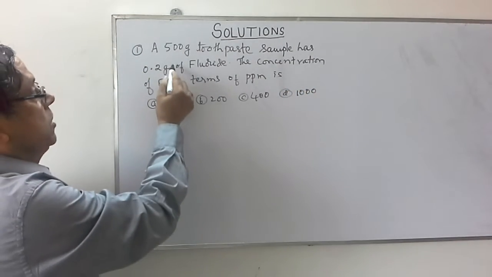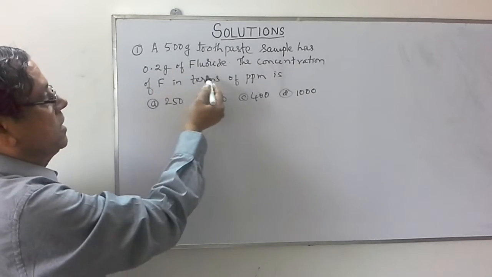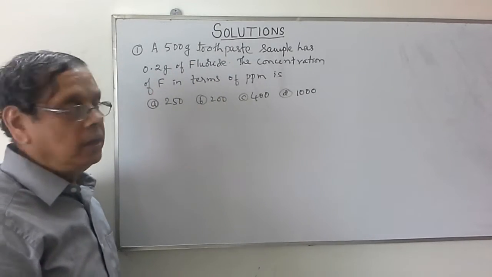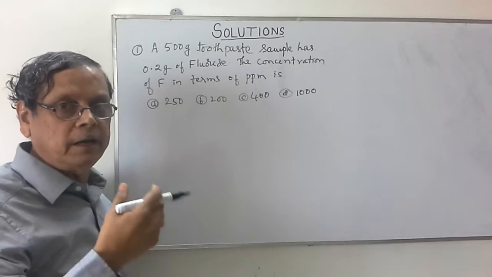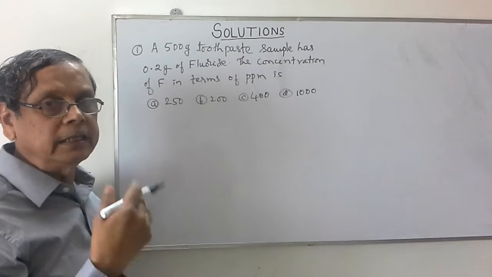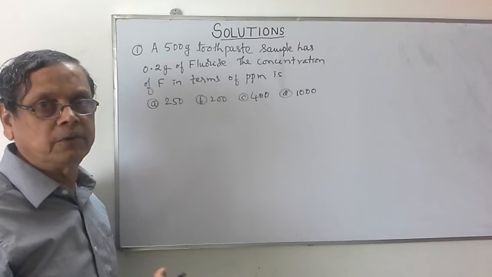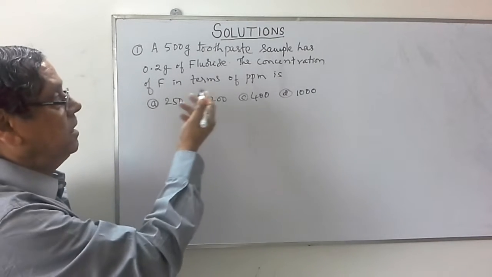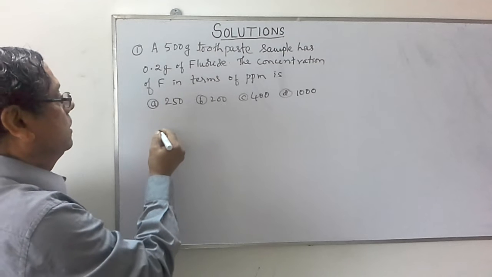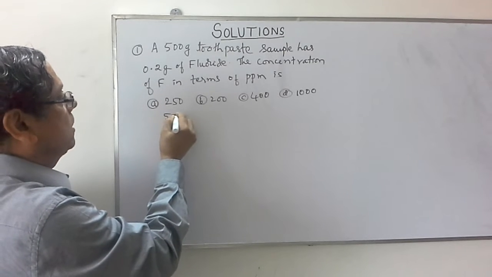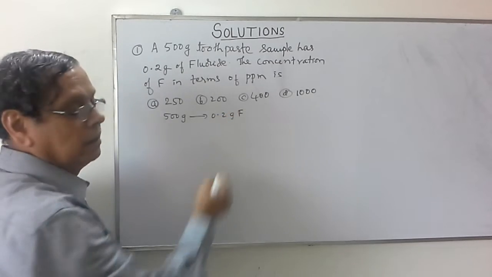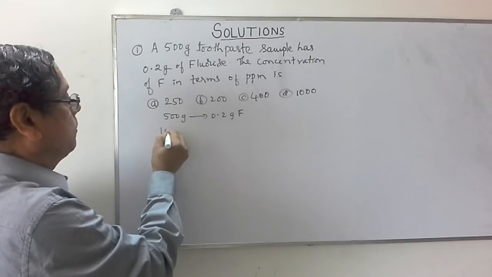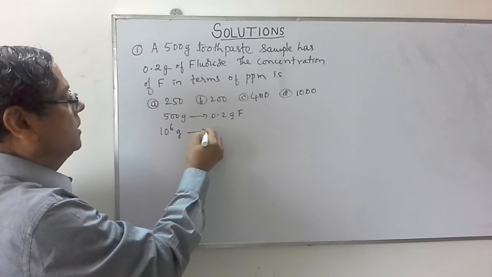Now just observe, 500 grams of the sample contains 0.2 gram of fluoride. As per the definition of ppm, it is the number of parts of the particular component in 10 to the power 6 parts by mass of the solution. That is called parts per million. So 500 grams contains 0.2 gram of fluorine. Therefore 10 to the power 6 grams contains how much?